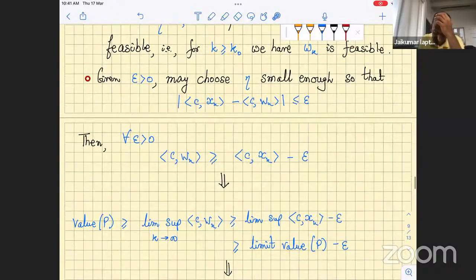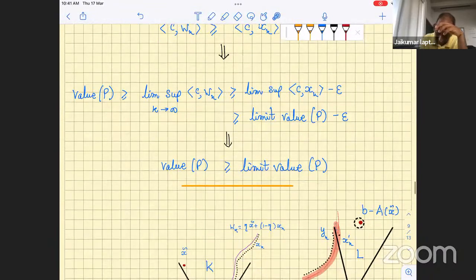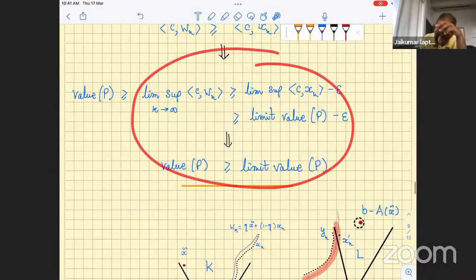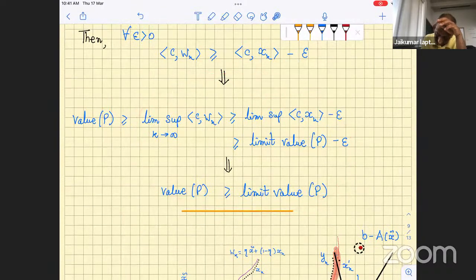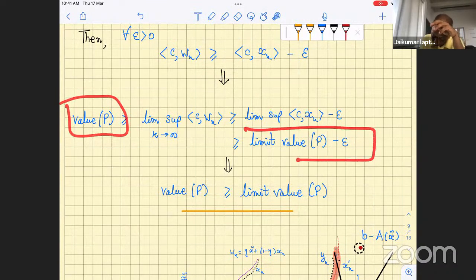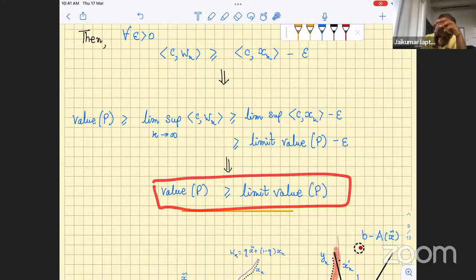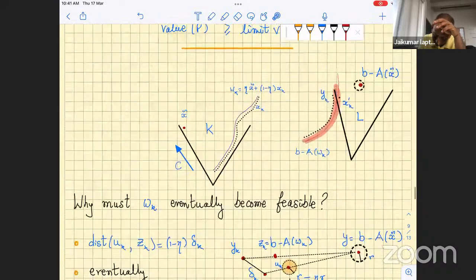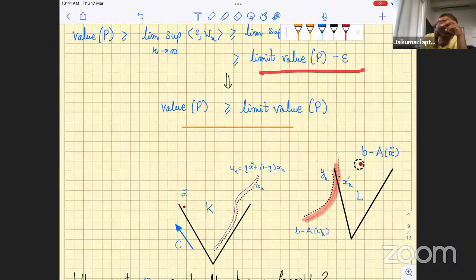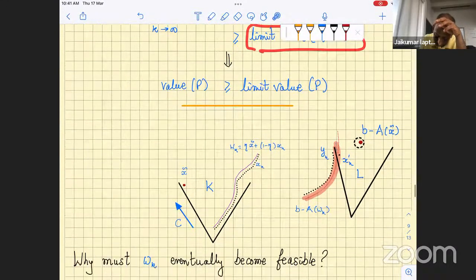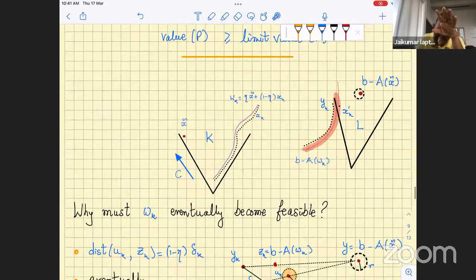Okay, so this argument I will come back to later. This basically says that the value of p will be at least the limit value of p minus epsilon, and then as we argued before, this says that the value of p better be bigger than the limit value of p, because we would have proved this for every epsilon greater than 0. But okay, we will postpone that.